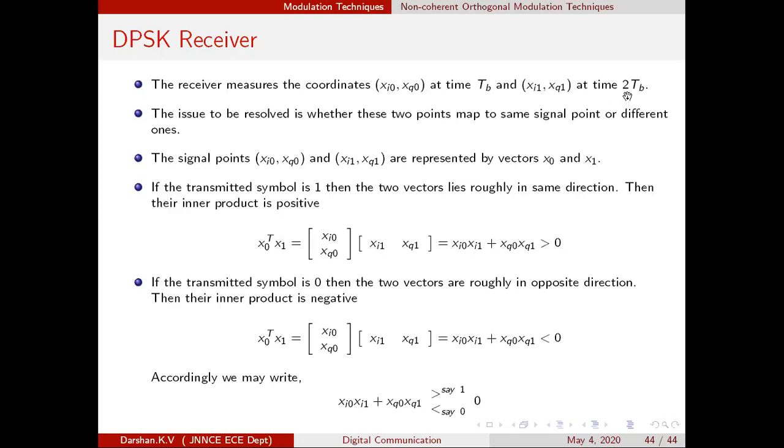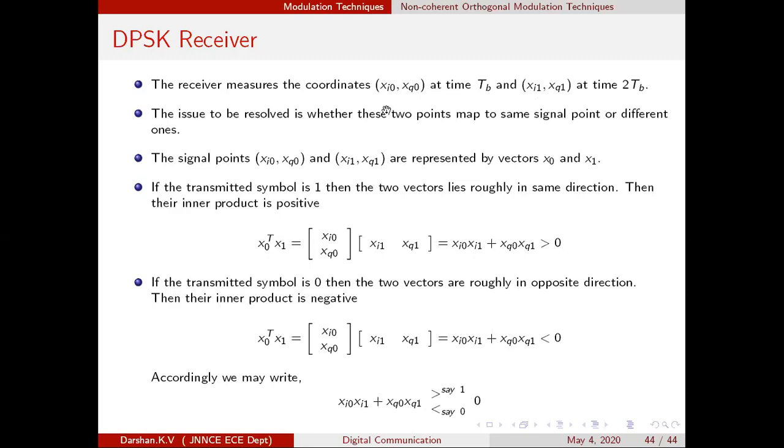Then at time 2TB, that means from TB to 2TB, in the second time interval, you are receiving another signal that is represented as xi1 and xq1. What do 0 and 1 represent? 0 represents the initial one, 1 represents the final one. That is what you are supposed to understand.